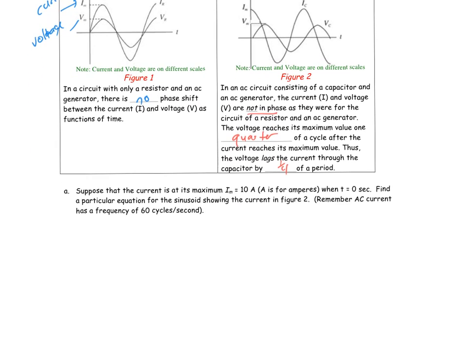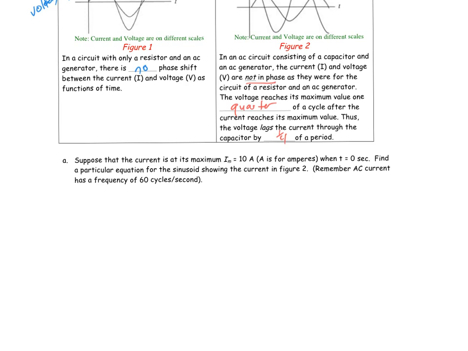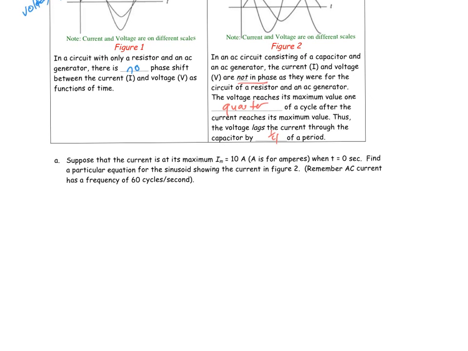Okay, so letter A, after that intro, says, suppose that the current is at a maximum, I_M, of 10 amperes. A stands for amperes. When t equals 0, or 0 seconds. Find a particular equation for the sinusoid showing the current in figure 2. Remember, AC current has a frequency of 60 cycles per second.